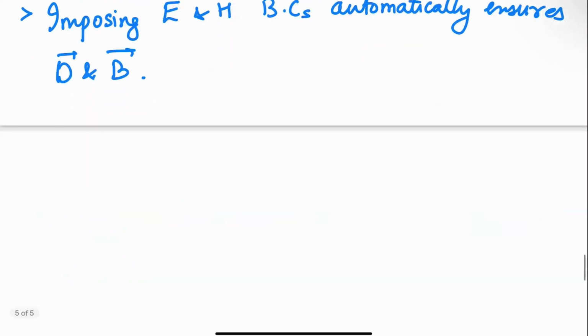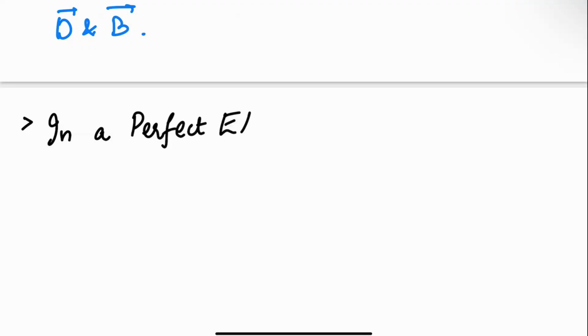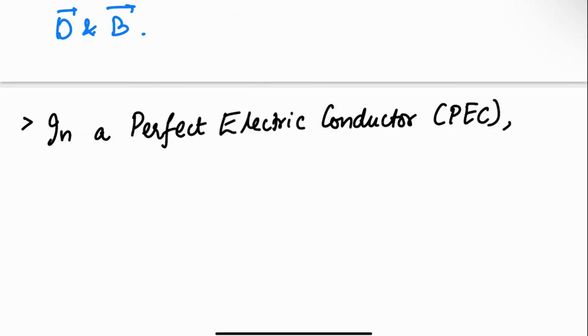So one last thing I can say is that we'll do this more rigorously later, but I just want to mention it because we are discussing boundary conditions, is that in a perfect electric conductor, which is called PEC, the time varying field quantities all go to 0.